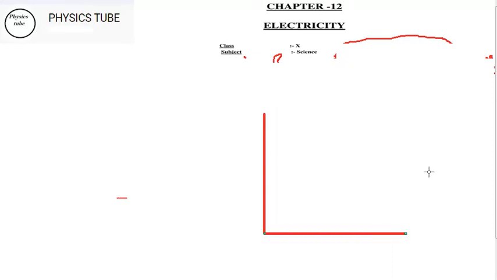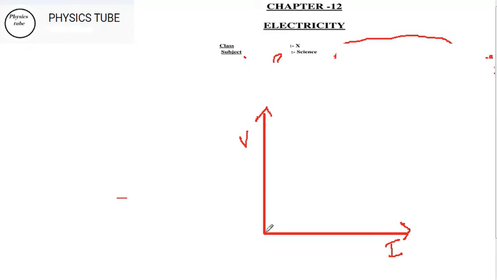That's your choice, but we have to follow the convention. Normally we consider this to be our V and this to be our I. Please note this very seriously. This is one of the crucial concepts. Even higher classes need this concept.